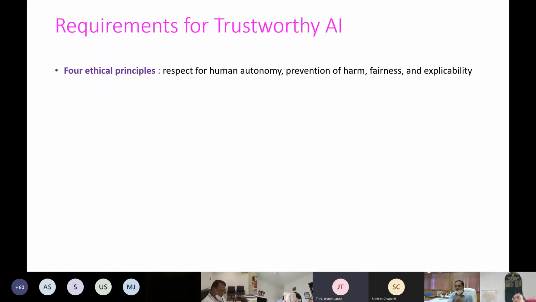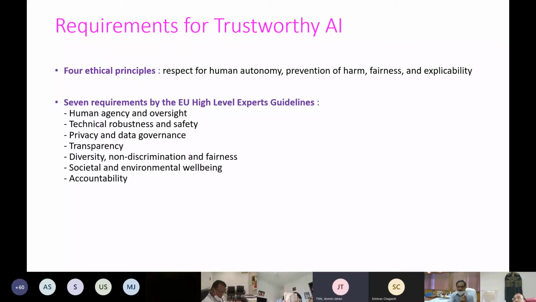And just to remind you what those are, the 4 ethical principles were respect for human autonomy, prevention of harm, fairness, and explicability. And the 7 requirements of trust to the AI are human agency and oversight, technical robustness and safety, privacy and data governance, transparency, diversity, non-discrimination, fairness, societal and environmental well-being, and accountability.